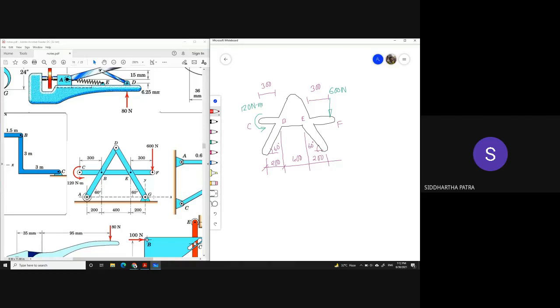Also, the entire structure could perform rotation about A. So that means A doesn't provide any reaction moment. That is, it doesn't constrain any rotation in absence of G. Neither does it constrain any horizontal motion.